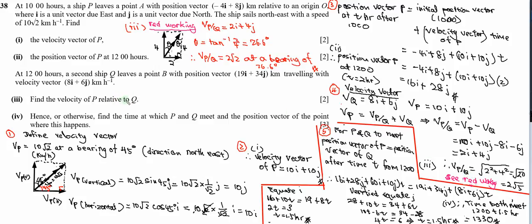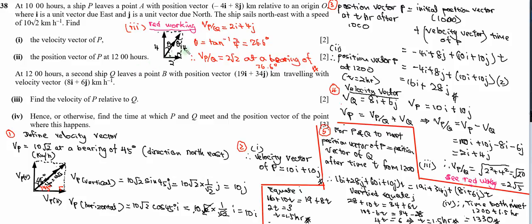Now, giving only the magnitude of this velocity of P relative to Q is insufficient. Why? Let's see the working. You also have to define the angle. Velocity of P relative to Q means Q is stationary and P is moving. So we have to define the angle as well.